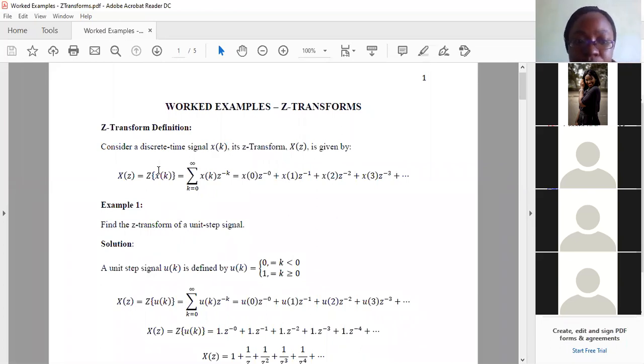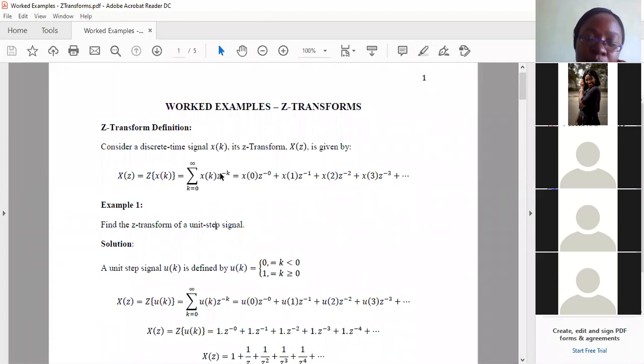So when you have a discrete time signal, x of k, and you want to transform it to the Z domain, this is the function where my cursor is. This is the function when you want to transform a discrete time signal into the Z domain. So you are going to sum from k is equal to 0 to infinity.